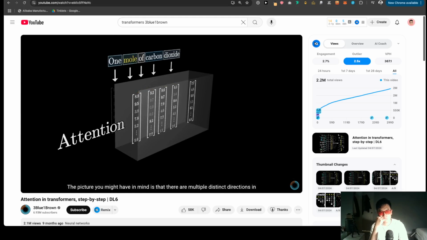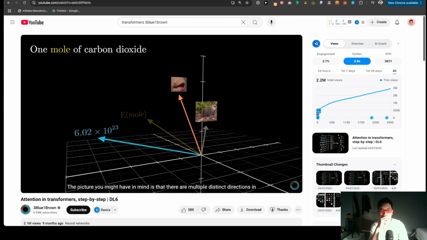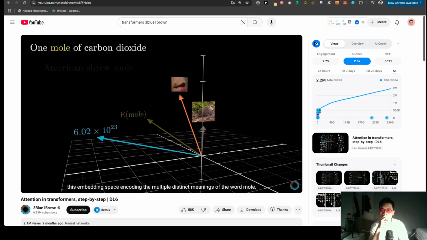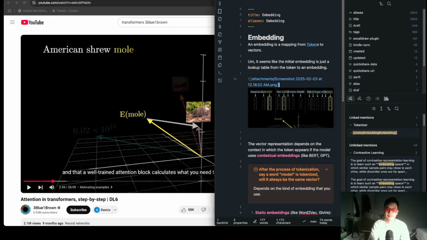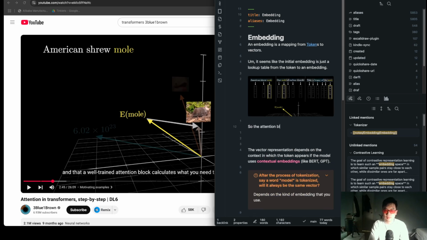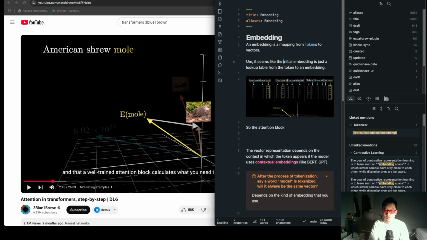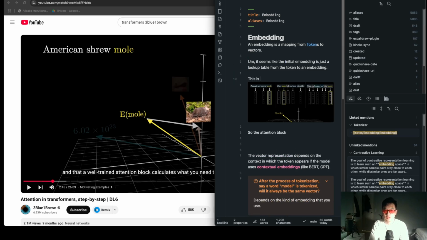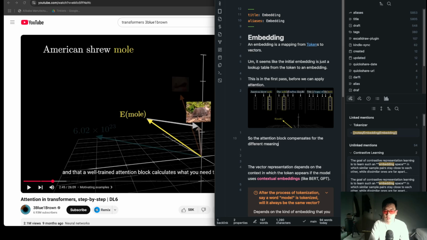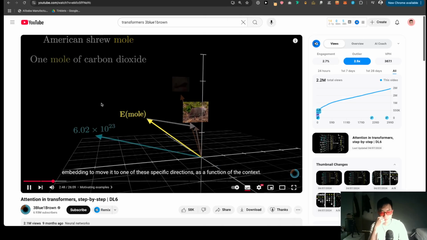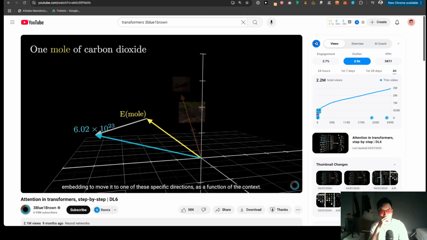The picture you might have in mind is that there are multiple distinct directions in this embedding space, encoding the multiple distinct meanings of the word mole, and that a well-trained attention block calculates what we need to add to the generic embedding to move it to one of these more specific directions as a function of the context.